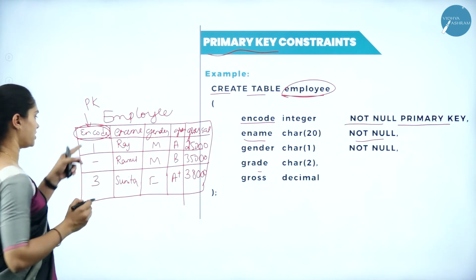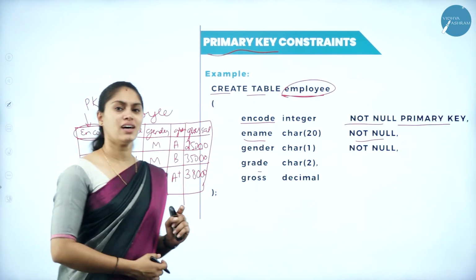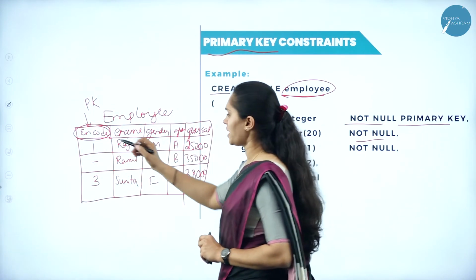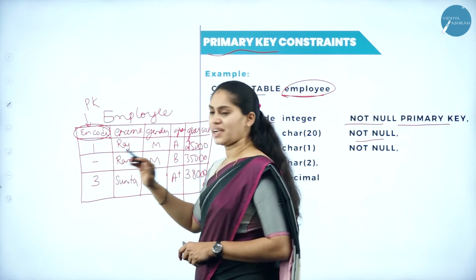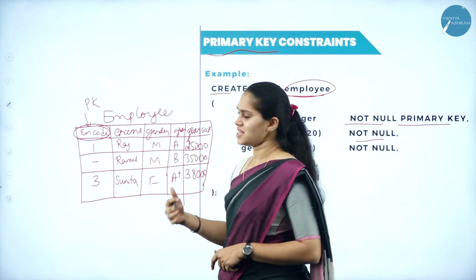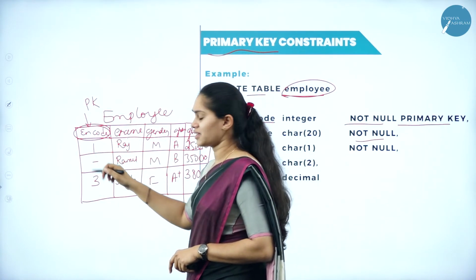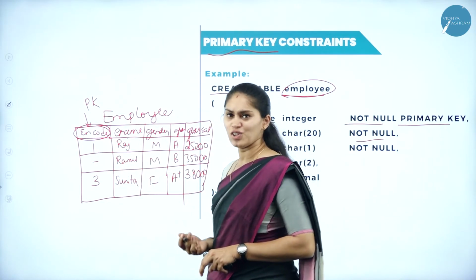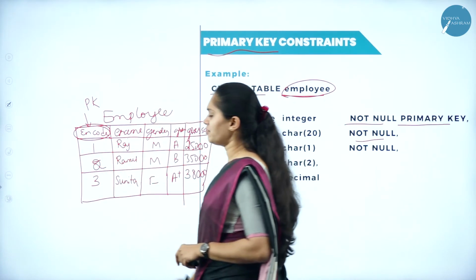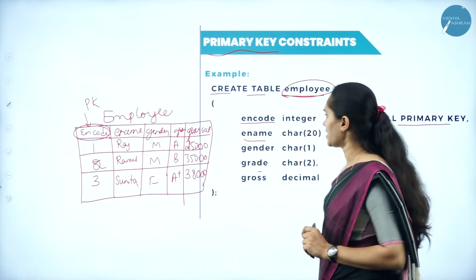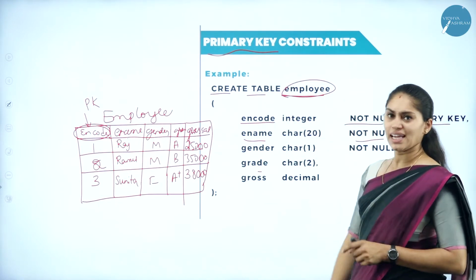I left the value of the second row blank in the table called employee, but we are making this ecode a primary key. That means I can't leave it as null, or blank, and I can't also take this 1 or 3 again, because the values I am giving should be unique in nature. It should not be left as null. Then only can we consider it a primary key constraint.